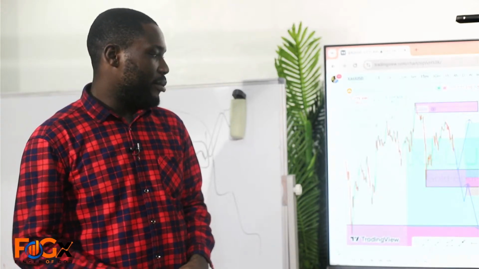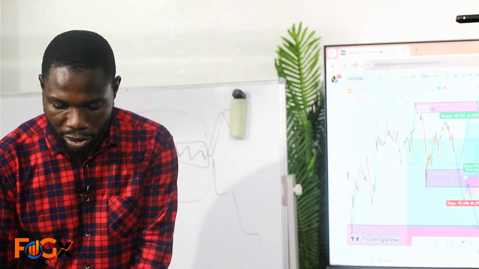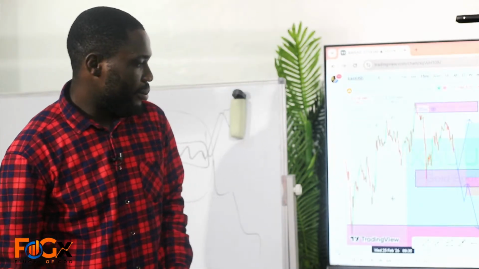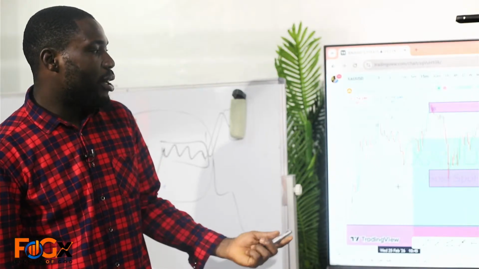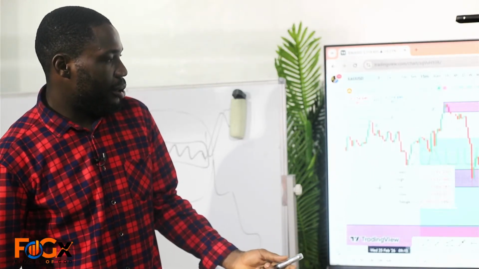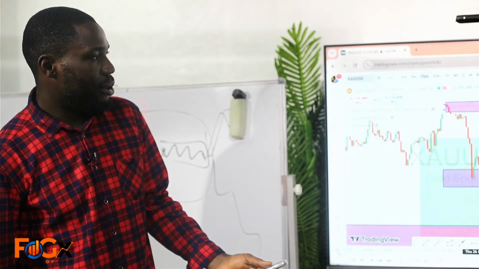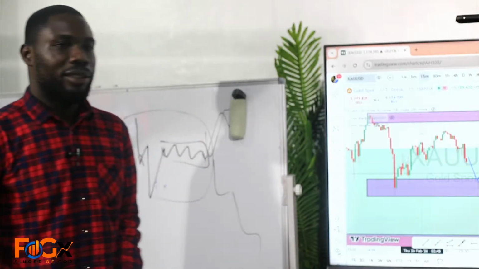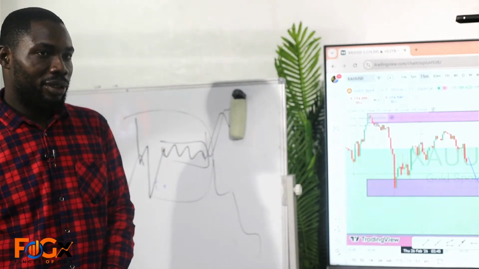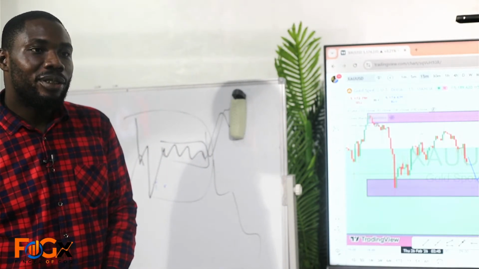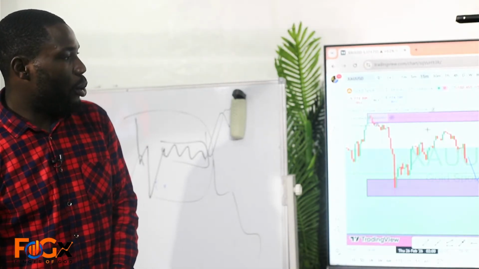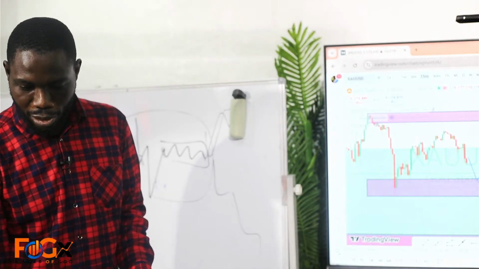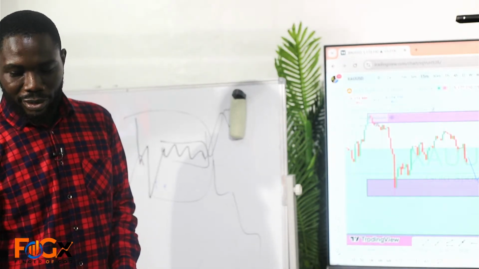No, you know you have a low here. Let me carry this out. No, I've seen your entry now. This is your entry here. Your risk reward is 2.29.